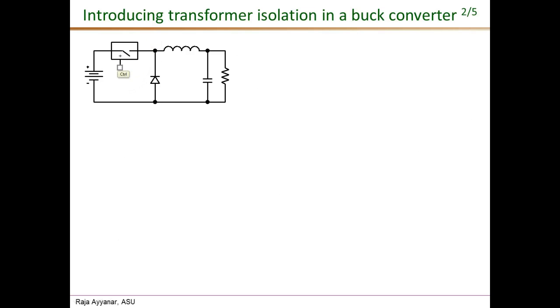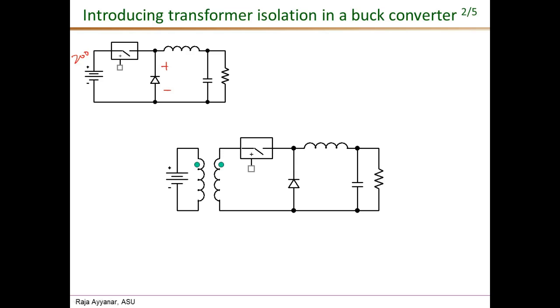So starting from this buck converter, our objective is to introduce a transformer such that the voltage across the diode, instead of switching between 200 and 0, needs to switch between 4 and 0, right? So we could think of putting a transformer right at this point, as shown here. The idea would be, this voltage is 200 volts, this is a turns ratio of 50:1, and the voltage that I get here is 4 volts, and then I switch that to get the required waveform.